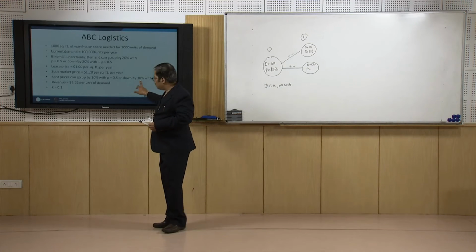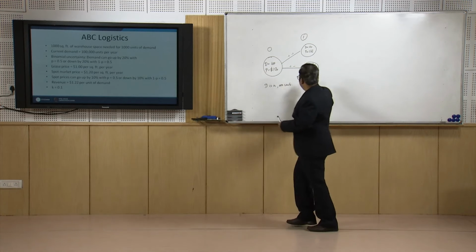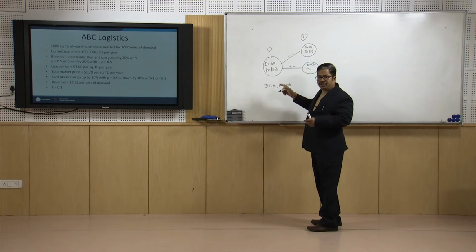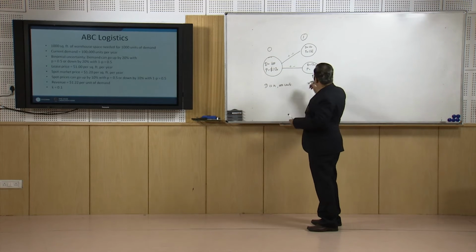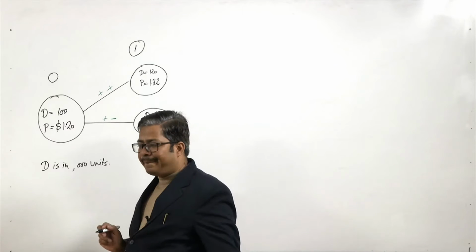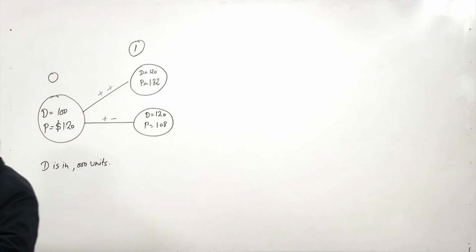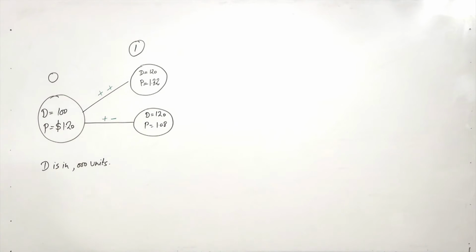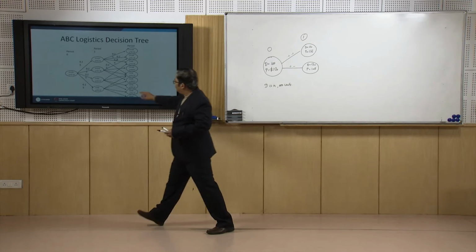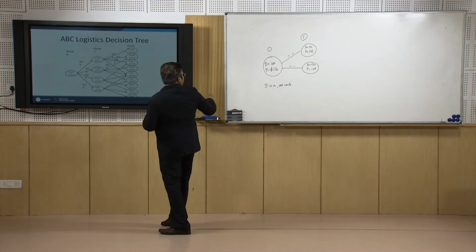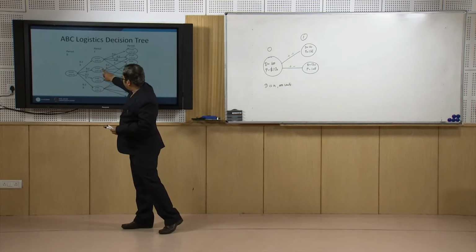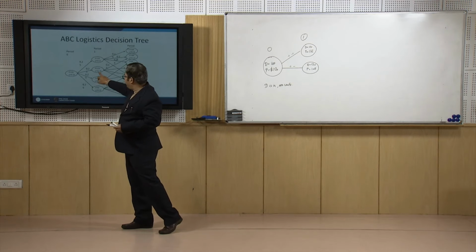So it becomes 1.20 into 0.9, which is 1.08. That is another state, where D becomes 120 and price becomes 1.08.